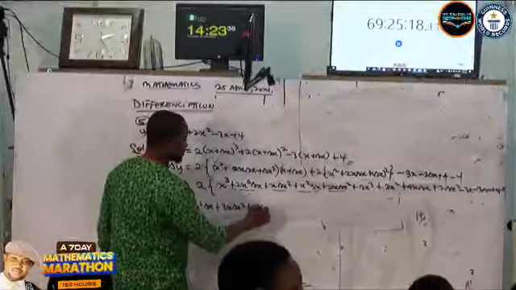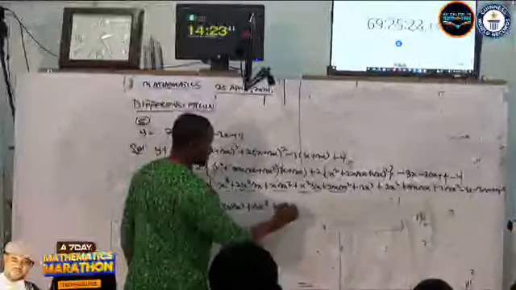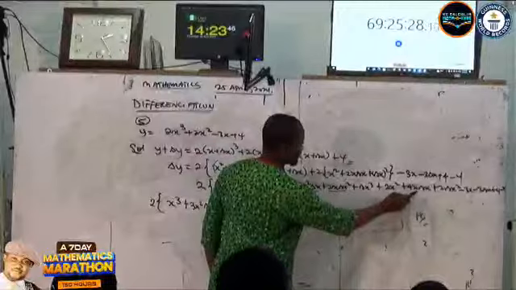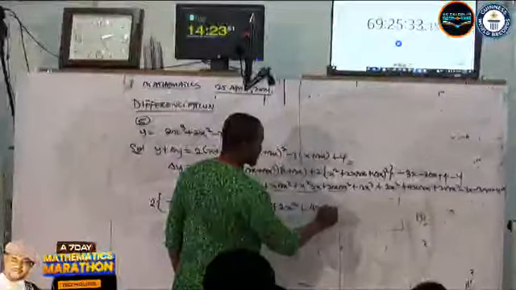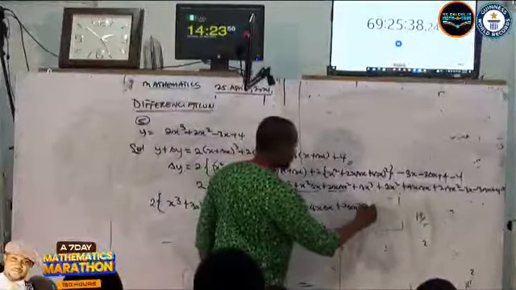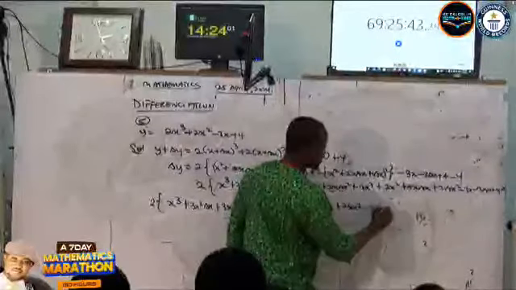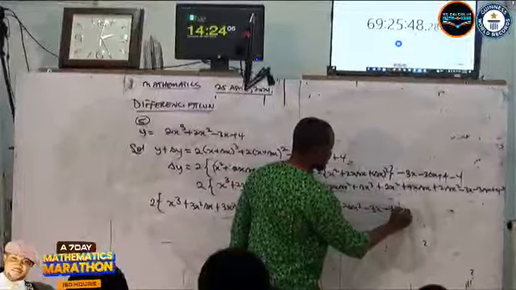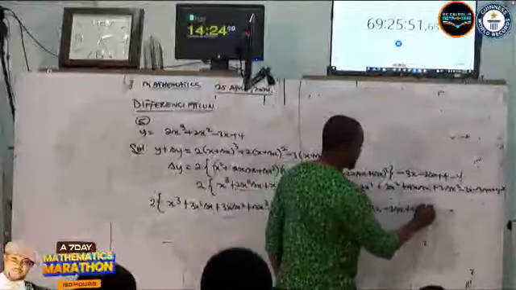Plus the x cubed plus 2x squared, plus this one doesn't have a brother, plus 4x change in x, okay? Plus 2 change in x squared minus 3x, then minus 3 change in x plus 4, minus, that minus will affect all these.